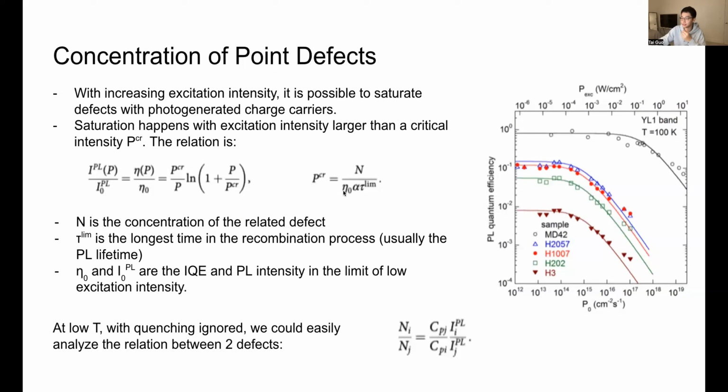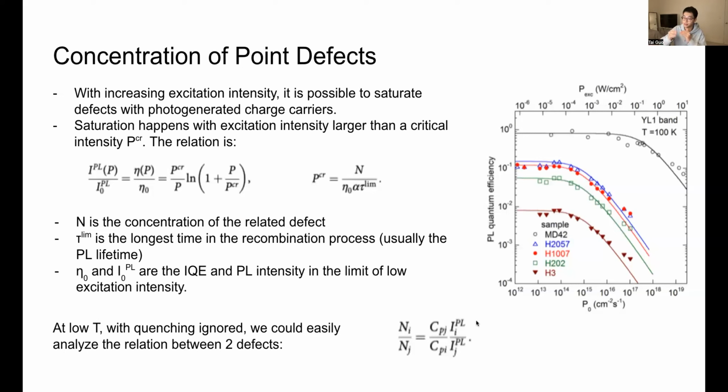For those different parameters, actually we have different methods to estimate them using the photoluminescence data as well. So it just provided us with a very easy way to really get the concentrations of defects within the semiconductor. And also if at lower temperature, we ignore the quenching effects, we could also derive this formula here.